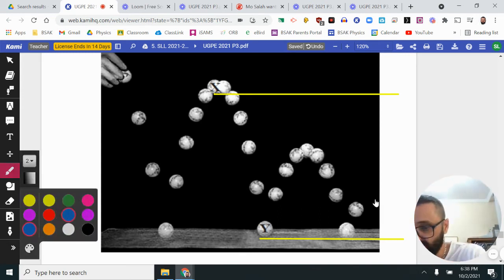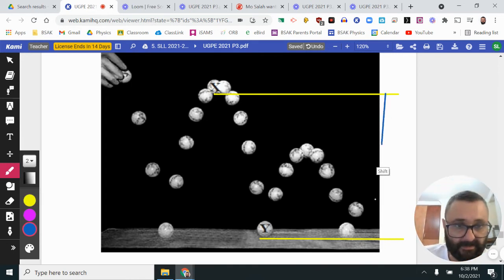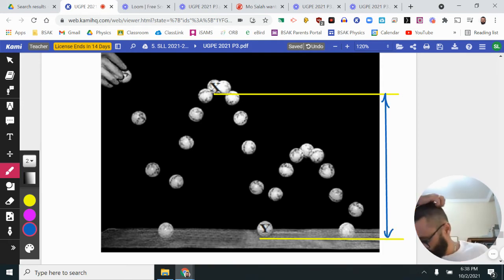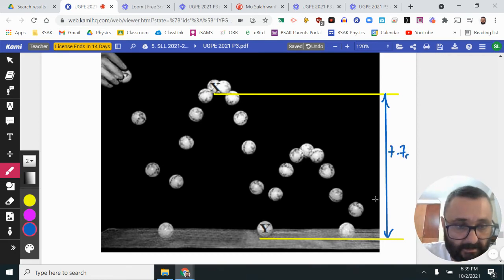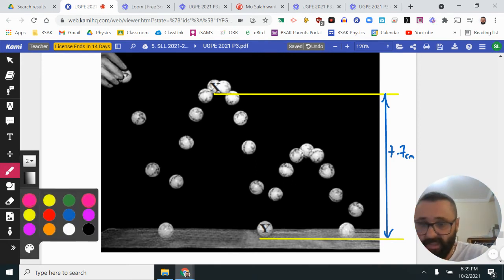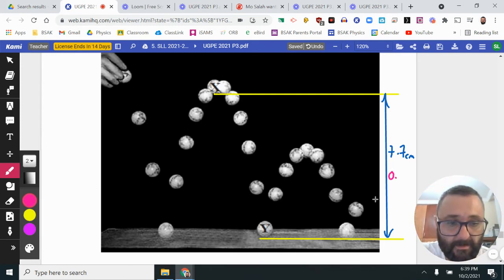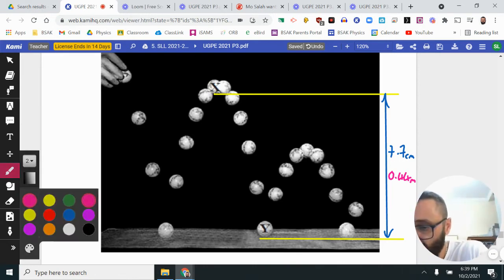Now, I measured with my 30 centimeter ruler on my paper copy of the exam that height to be 7.7 centimeters. Now we've just calculated that in terms of the scale, that's equivalent to 0.44 meters. Make sense? Same scale.